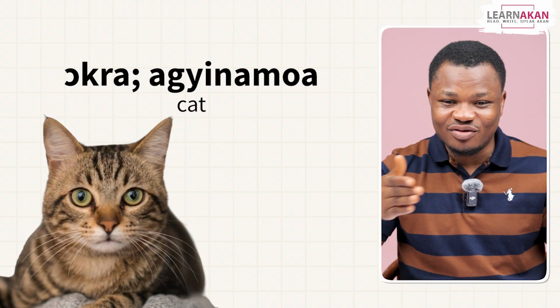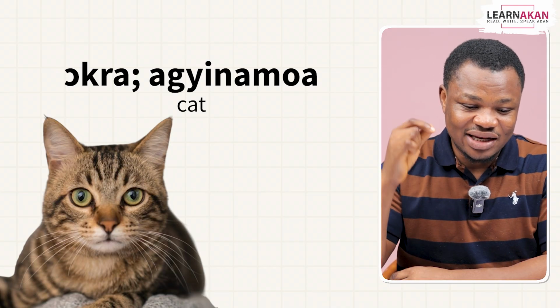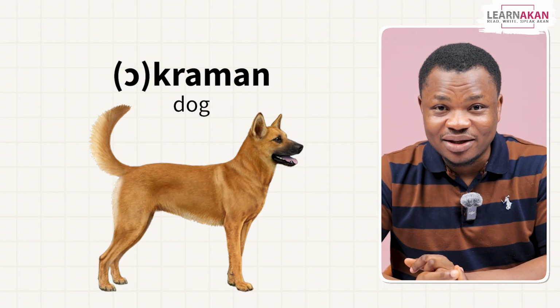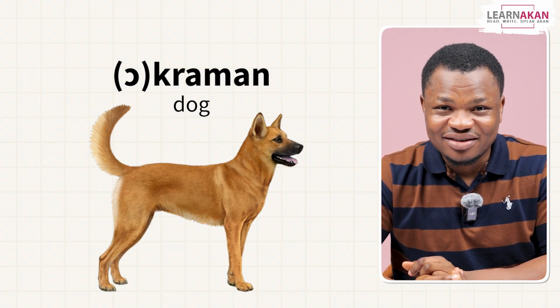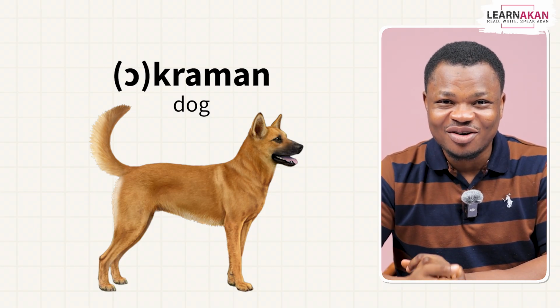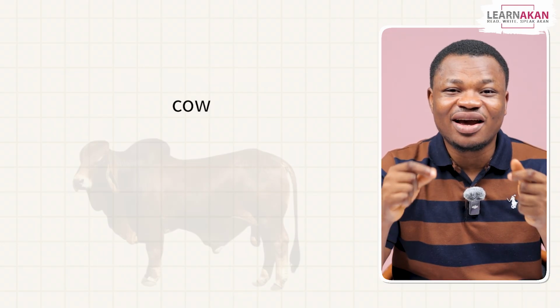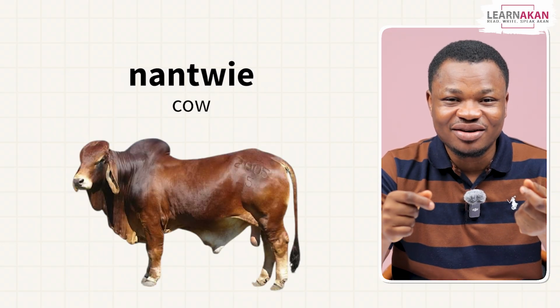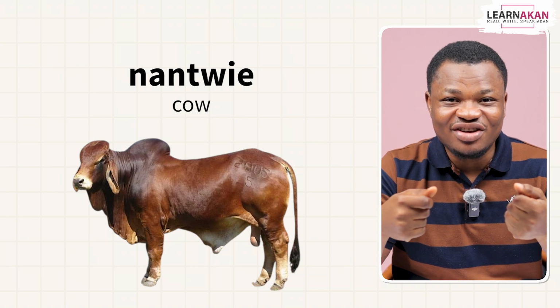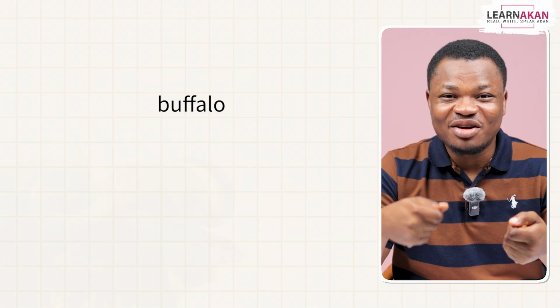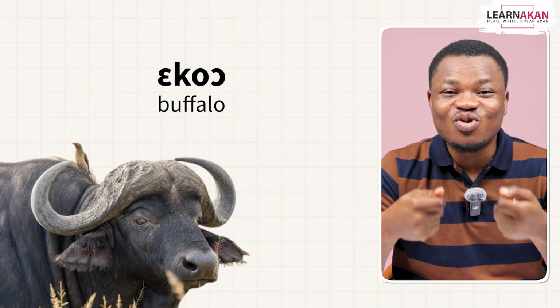So you can use any of the two names to refer to the cat. And then we have the dog, and the dog is cramine. We have the cow as nenchie.